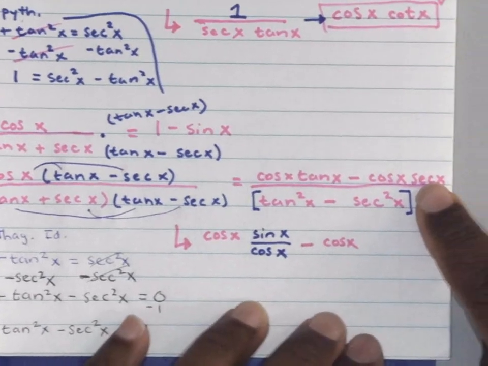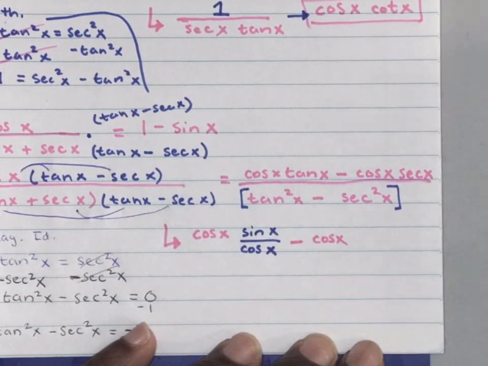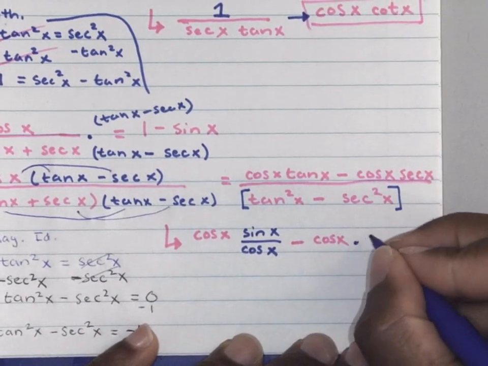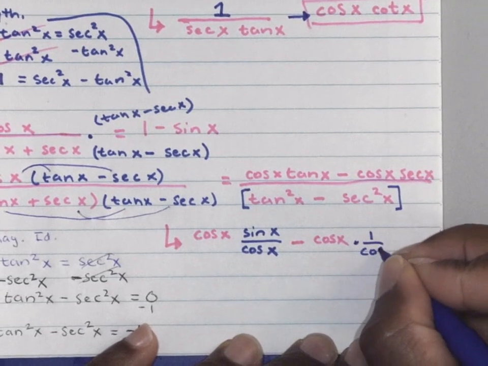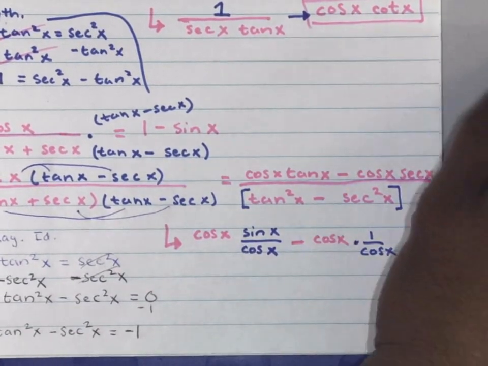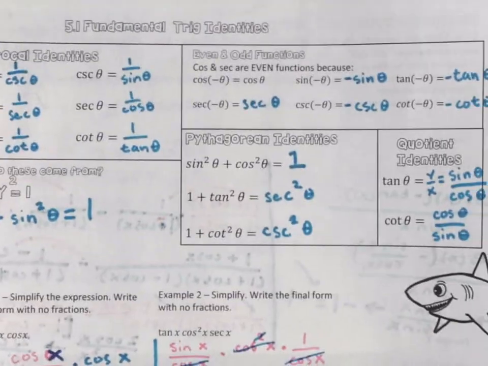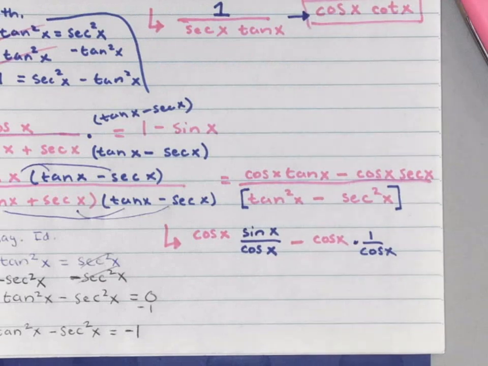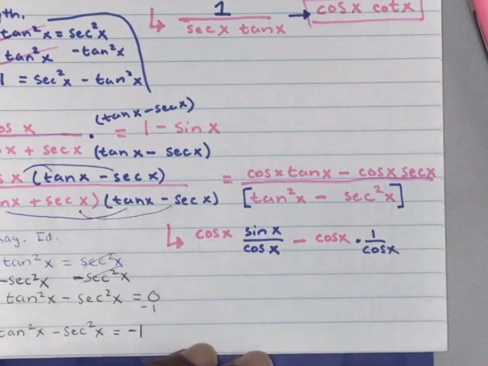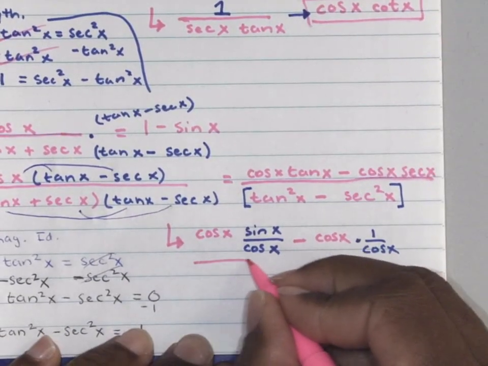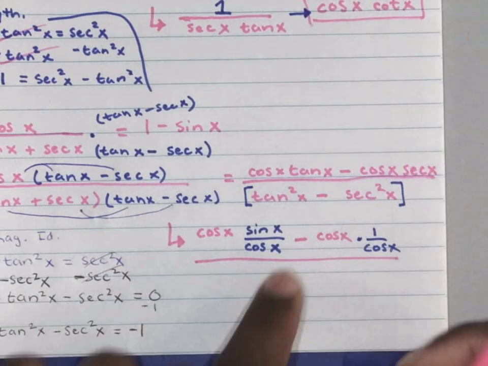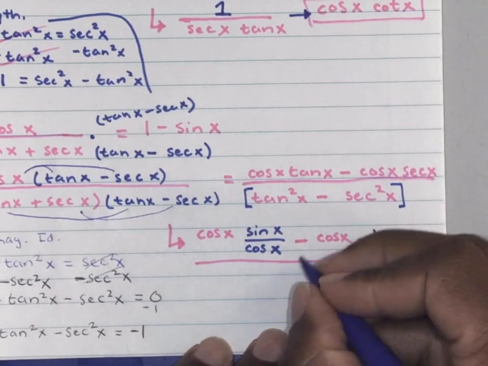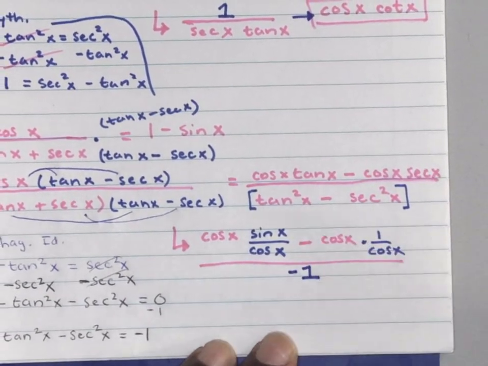And then the reciprocal of secant is 1 over cosine. And again, I've got these identities on my sheet, so I'm just pulling from these reciprocal identities and these quotient identities here. All right, so it looks like those will cancel out as well. And then this is all being divided by -1.